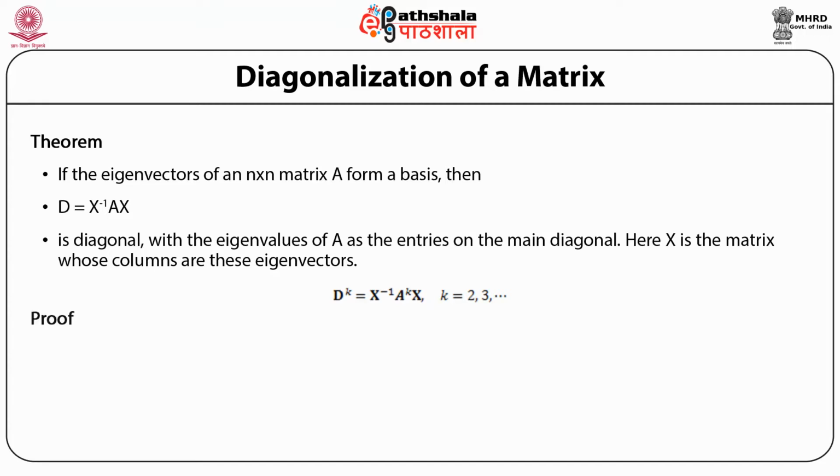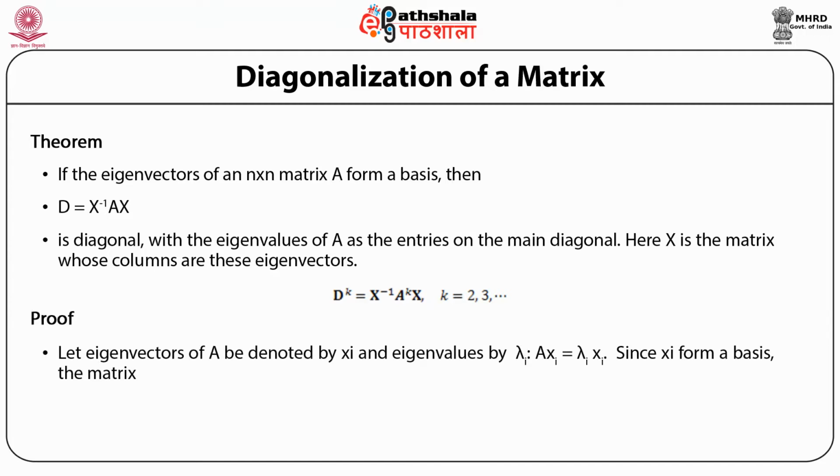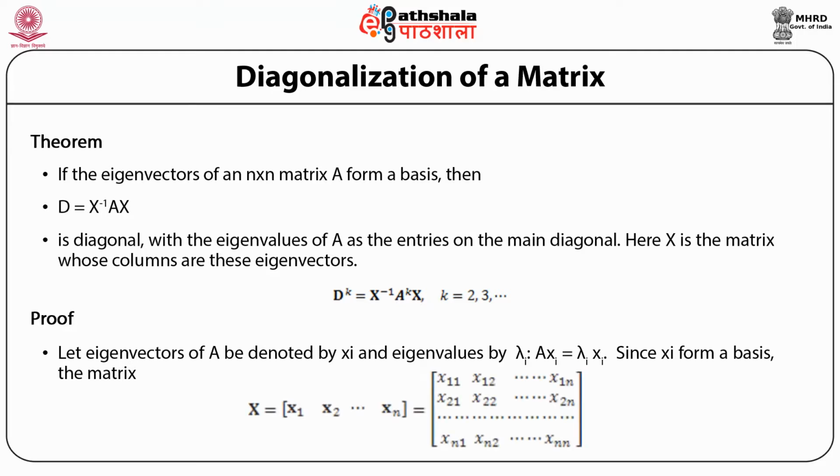Let us prove it. Let the eigenvectors of matrix A be denoted by xi and the eigenvalues by lambda i. So, matrix A into vector xi is equal to lambda i into xi. Since the xi form a basis, the matrix X is a row matrix with the elements x1, x2 and so on till xn.